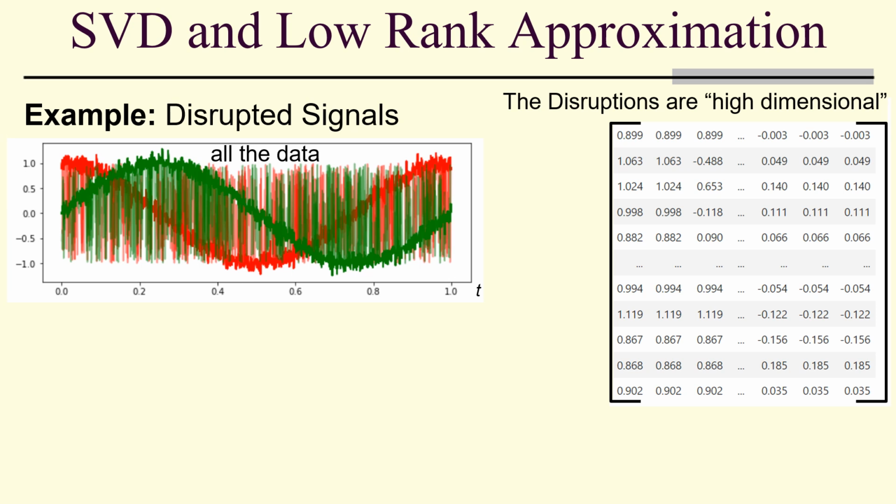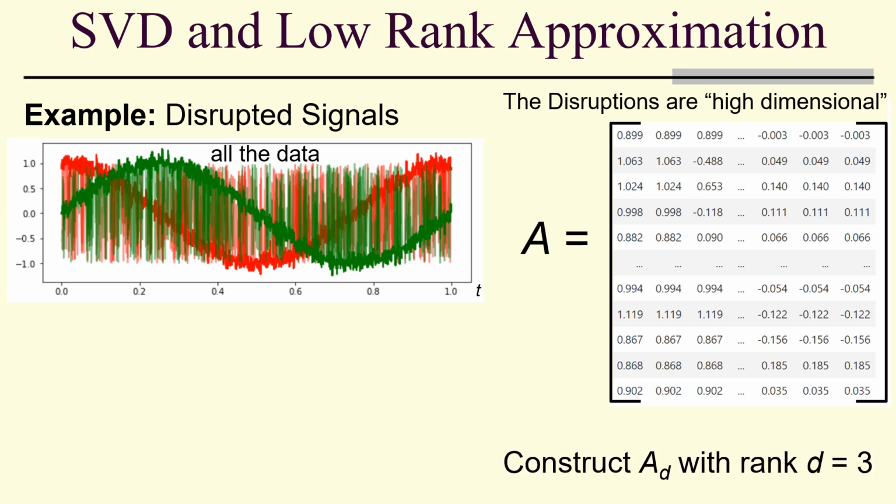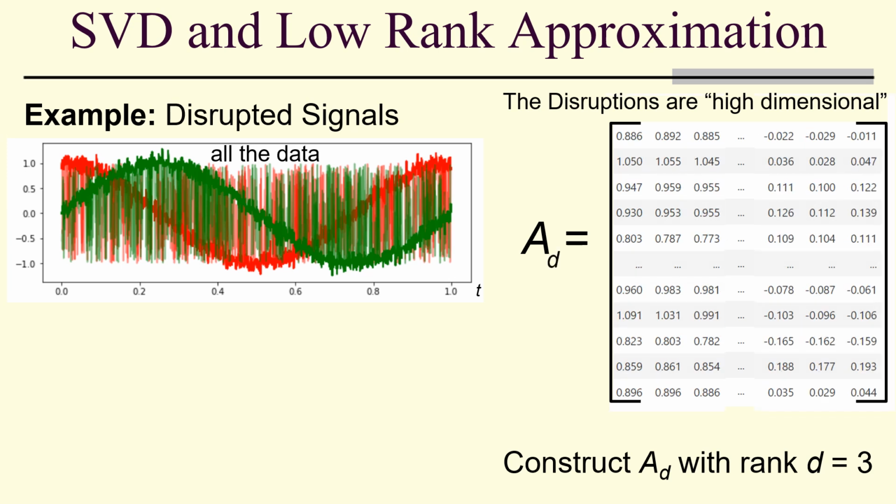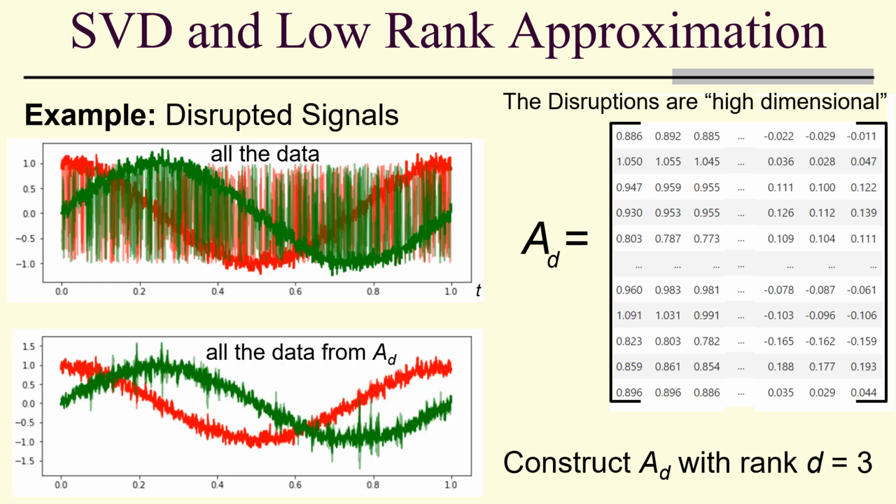The disruptions, it turns out, are high dimensional. So if this is my A, and I construct the low dimensional approximation A sub D with rank D equal to 3, which gives me this new matrix, which means a new representation for the time series, then here is all the data. Notice that the disruptions, the large spikes, are mostly gone.